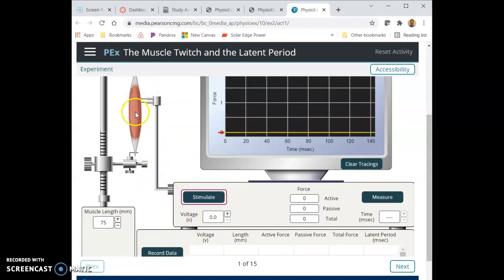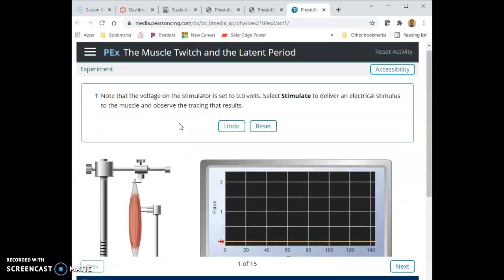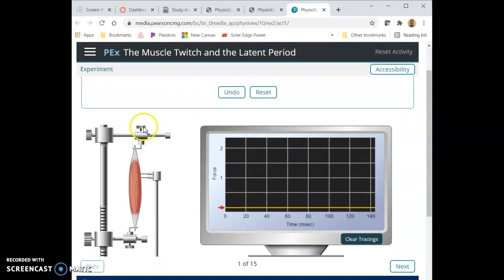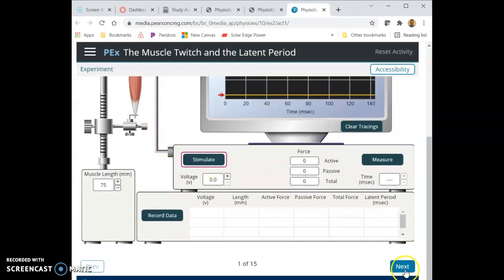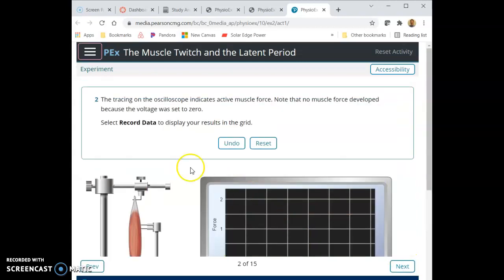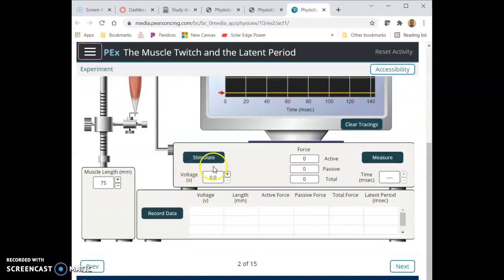Remember how our muscles don't work unless there's a neuromuscular junction and we have a neuron, actually many of them, stimulating the muscle. So this acts like a nerve. And then it says to stimulate. And then you got the next button on the bottom right. Some people didn't see that. So the bottom right tells you what to do next. It says to record the data.